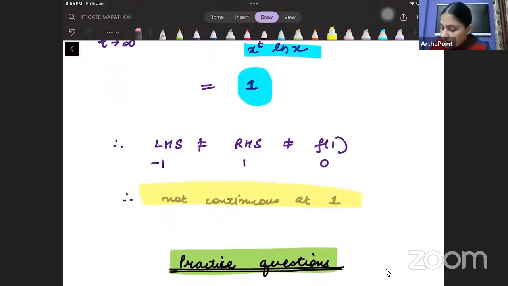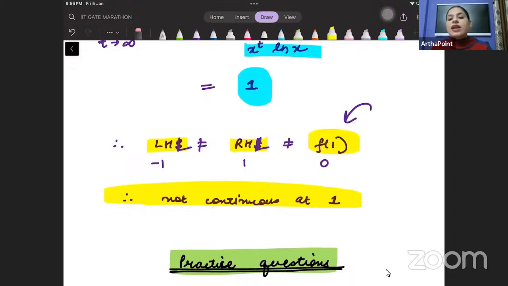It is not continuous at 1 because the left-hand limit, the right-hand limit, and the value of the function at 1 are not equal to each other. These three values are not equal. Right? So that's the answer to this question.